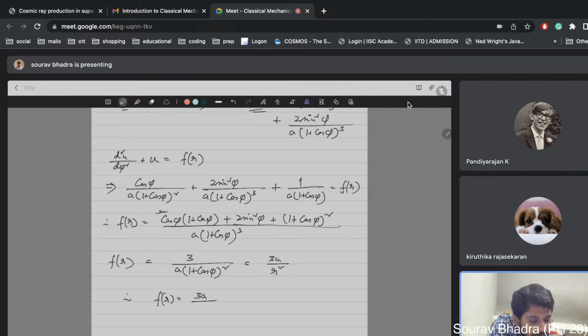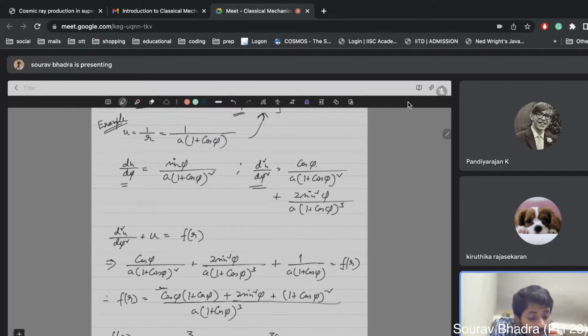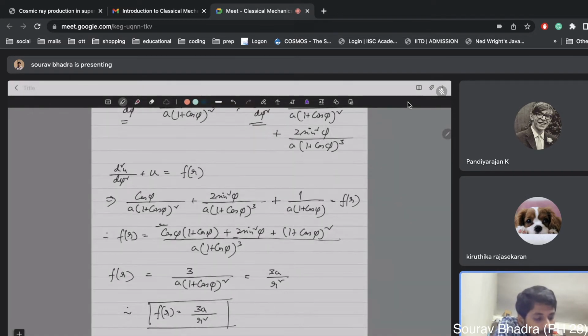Hence your f(r) is equal to 3a by r square. So you can say that when a particle is moving in an orbit which has this expression, that particle is being acted upon by a force which has the form 3a by r square. So it is the force acting on the particle.